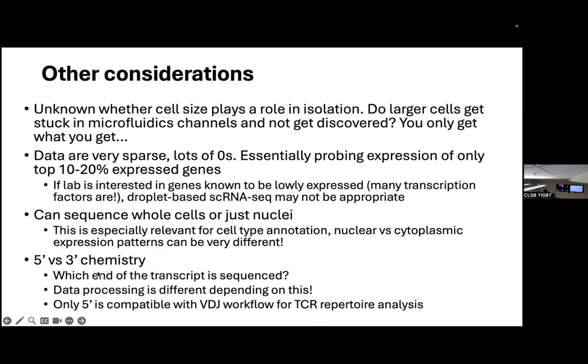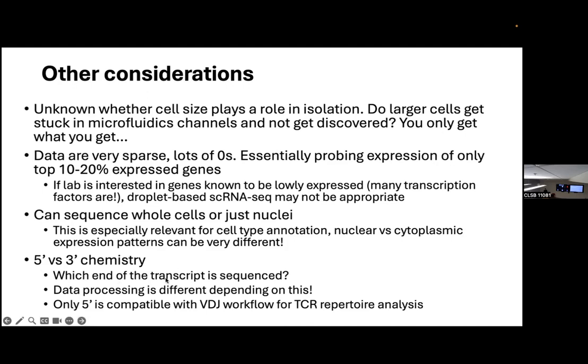And another note is that 10x offers two different chemistries. There's most commonly 3' chemistry, which is oligo-dT based, meaning it is 3' poly-A selected. But there is a 5' based method also, and this is the one that is compatible with their VDJ T-cell receptor clonotyping workflow.